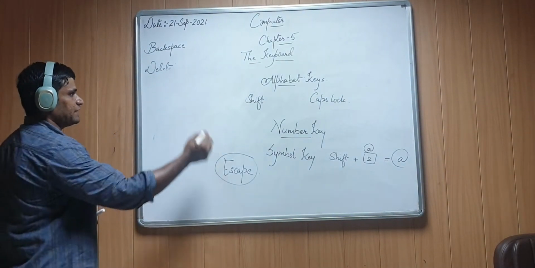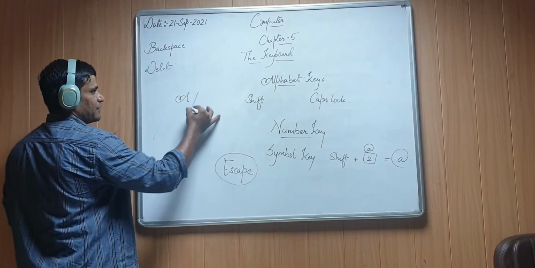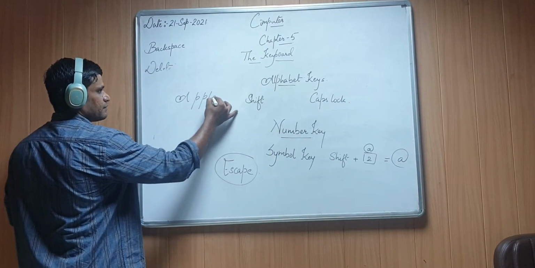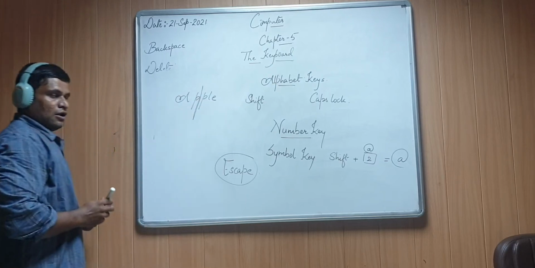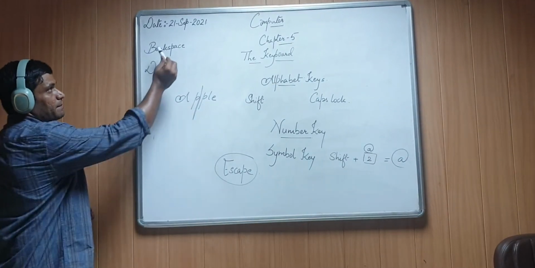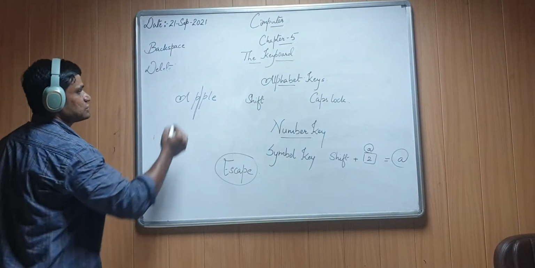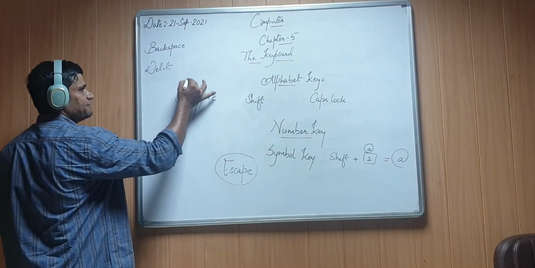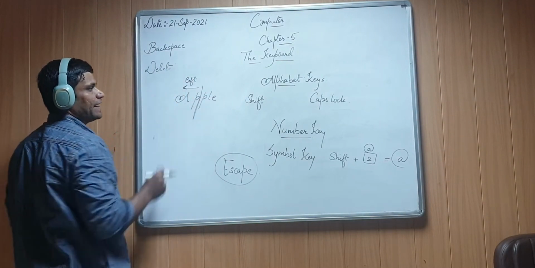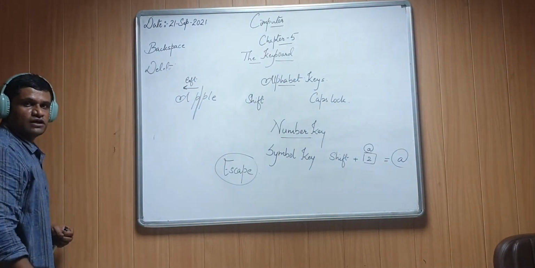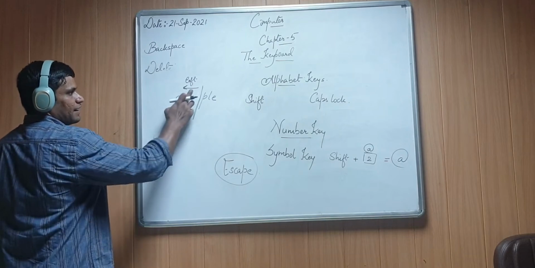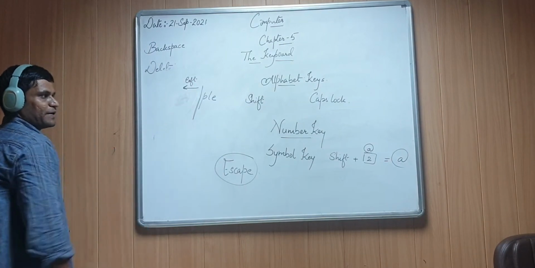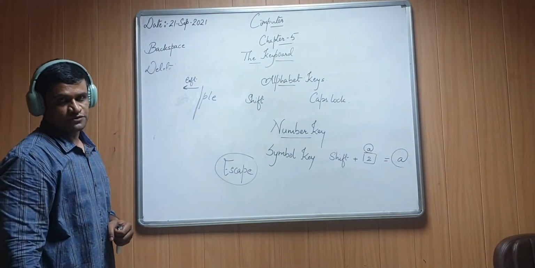So I am writing apple, and right now my cursor is at this point. If I press the backspace key, backspace always deletes towards the left side. Backspace आपके left की तरफ words को या letters को delete करता है, hence P will get deleted and A will get deleted if I press backspace 2 times.